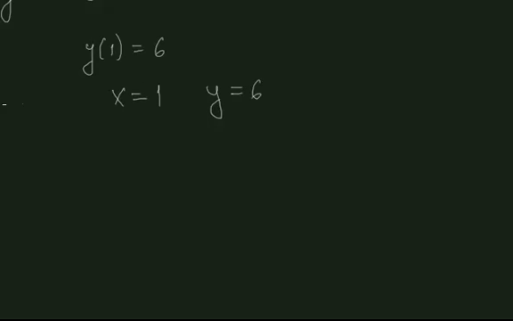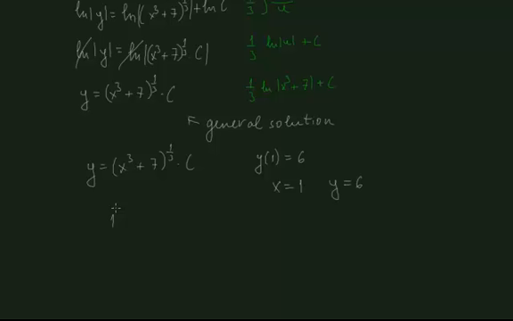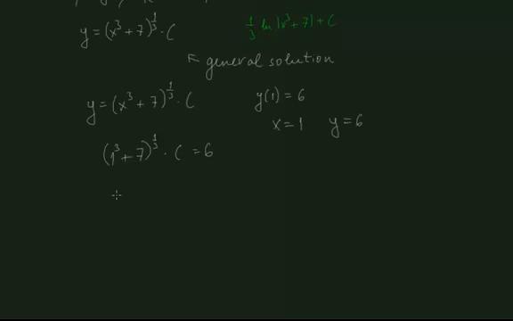So x has to be 1, so 1 cubed plus 7 to the 1/3 times constant has to be equal to 6. Alright, so 1 cubed is just 1, and 1 plus 7 is 8, to the 1/3 times constant equals 6, and 8 to the 1/3 is just 2, times constant equals 6, so the constant is 3.